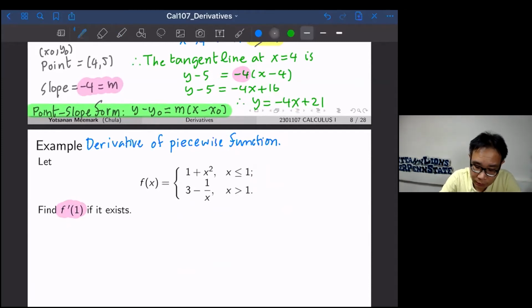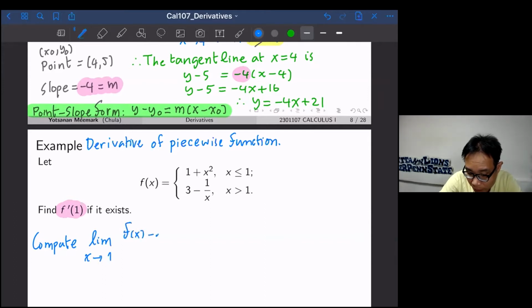The thing that you're going to use is just the basic formula for the derivative. You need f prime of 1. So we're going to compute the limit as x goes to 1 of (f(x) minus f(1)) over (x minus 1).